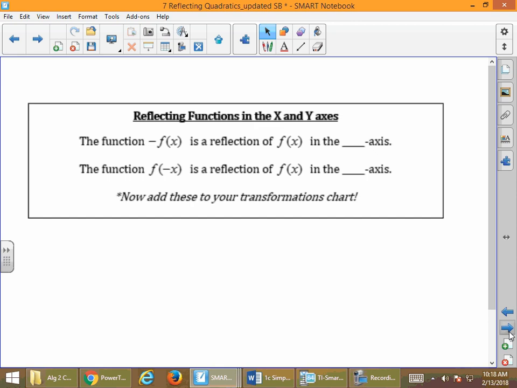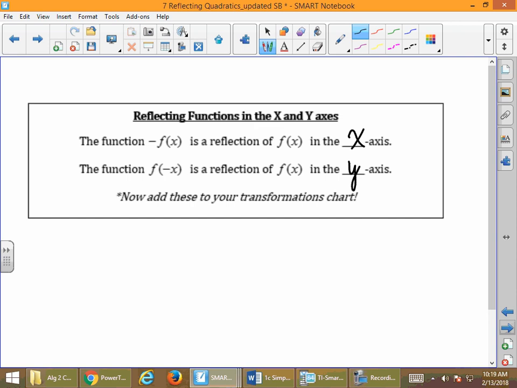When the negative is in front of the function, that's going to flip our graph over the x-axis. When the negative is inside the function, it's going to reflect it over the y-axis. And I don't know if you heard me say, but I talked about outside and inside.